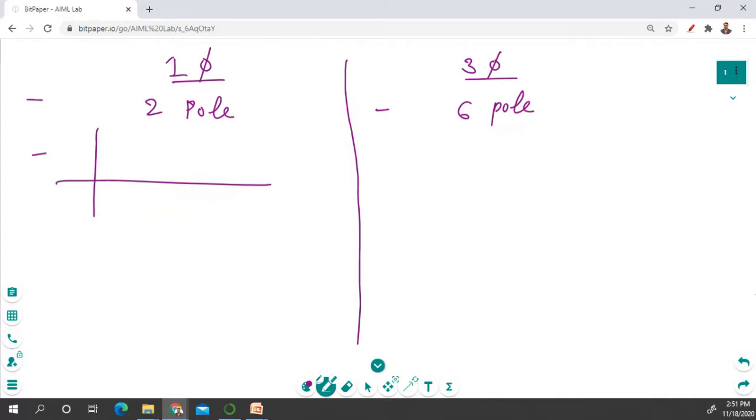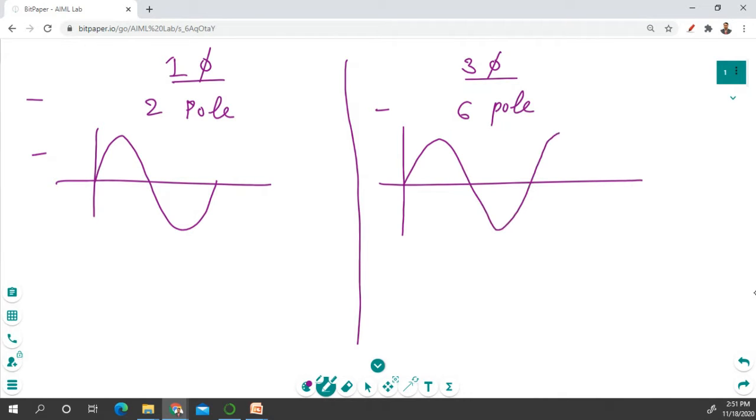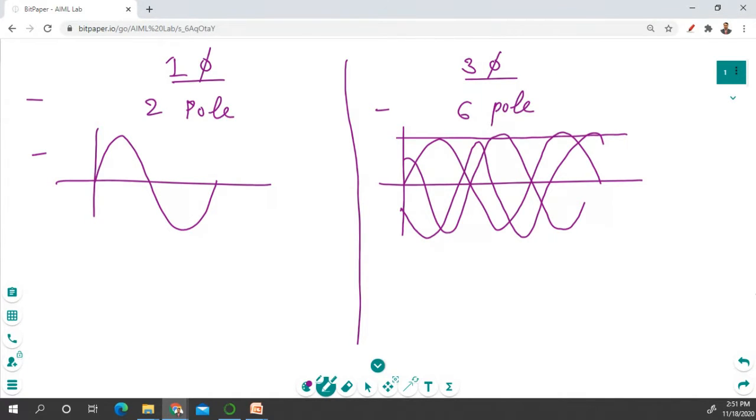As you can see, in the last session we have explained this is a single phase system and this is a 3-phase system. So in 3-phase you have to represent your 3 phases like this. So the voltage fluctuation is very less. You will find that at each time instant constant voltage will be given.